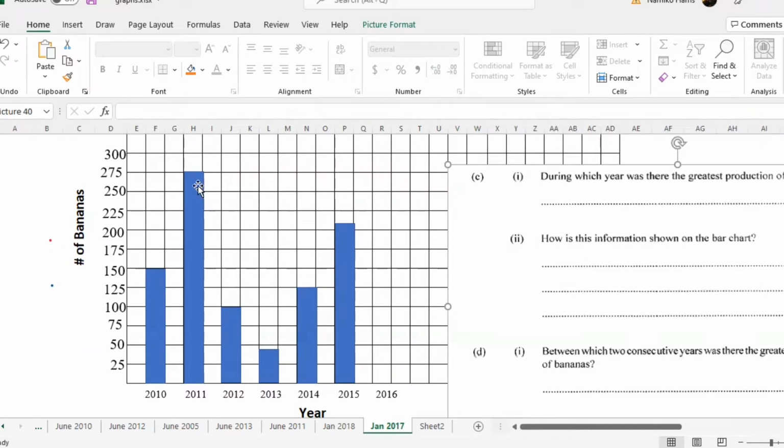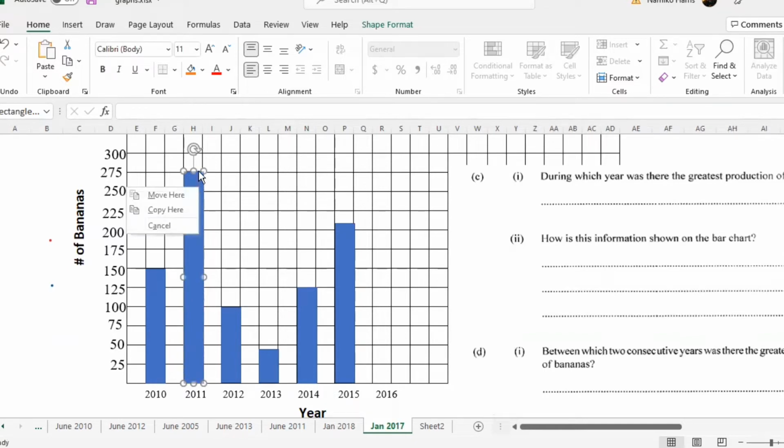I'm going to change the color for our answer. So this is 2011, so 2011 is the year when there was the greatest production in banana. So that will be our answer.